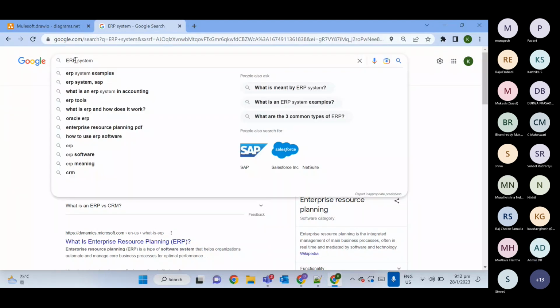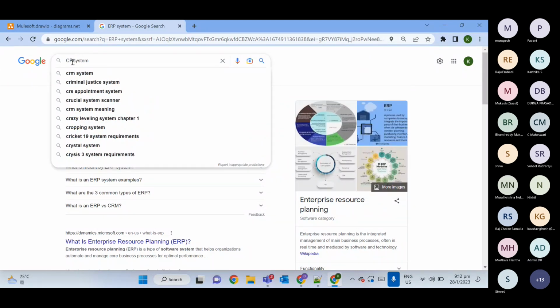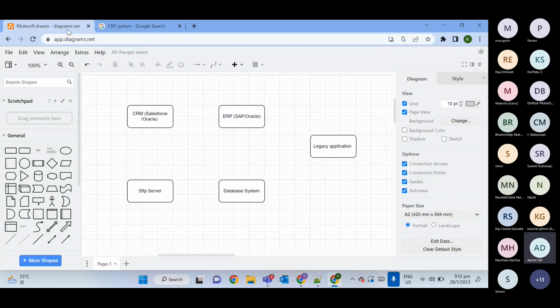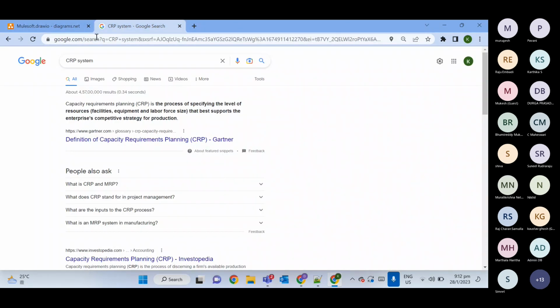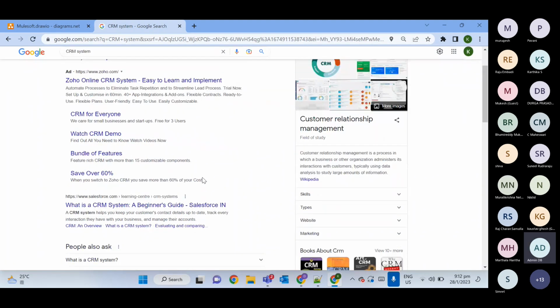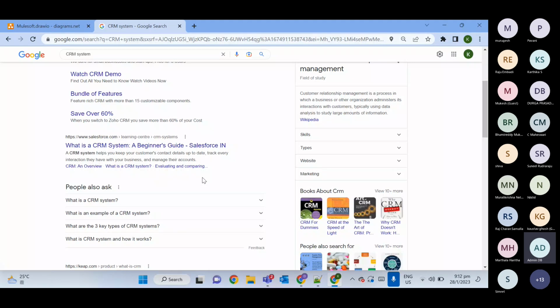In the same way, CRM, sorry, not CRP, CRM, is the customer relationship management system. Here you manage the customers. Let's say in the retail domain you have your set of employees, and you also have thousands of customers who purchase orders from you.